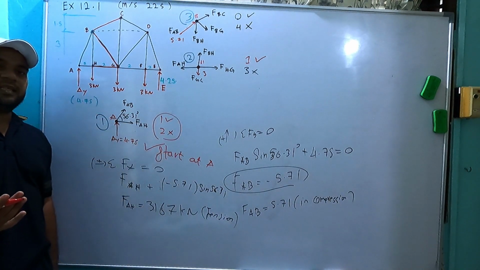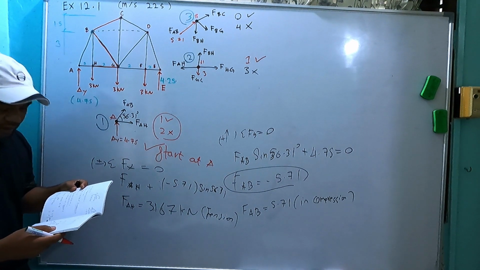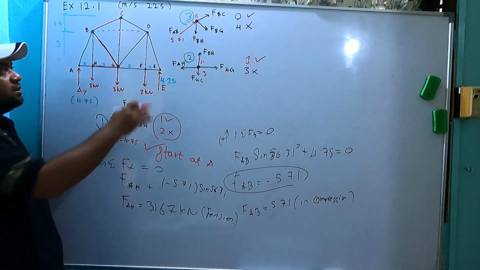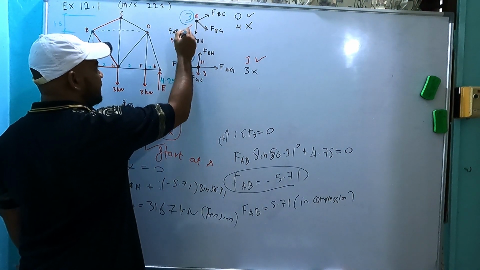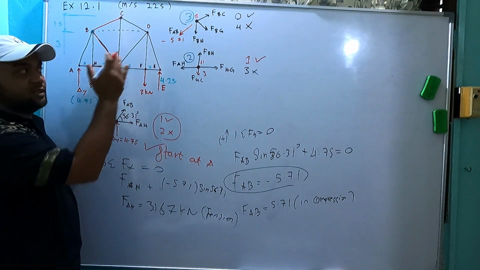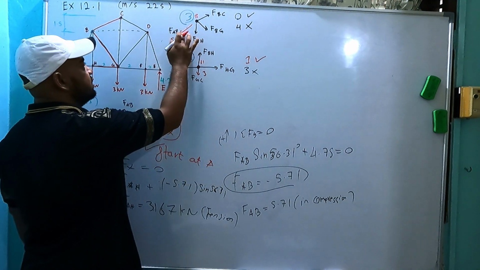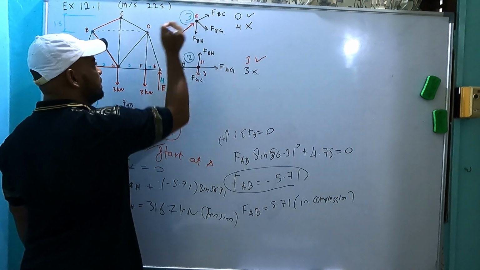I change the direction in the figure, but I put positive because now I already know what is the value. So depend on you what is easier. If you want to go this way, or if you want to go same figure, this direction, but you put negative because this is the original figure. From the calculation, it comes to negative. So let's say I want to change this one because it's easier for me to change. I want to put everything in positive.